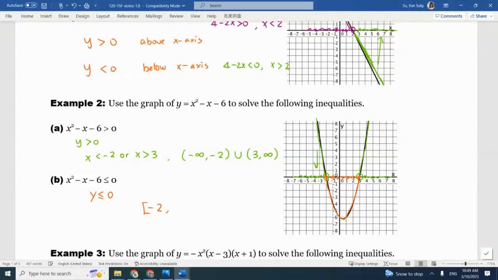Brackets. 3, parentheses or brackets? Brackets, yes, exactly. Okay, everybody?